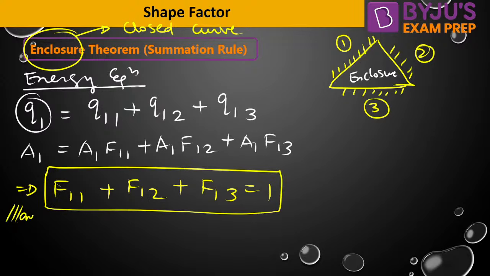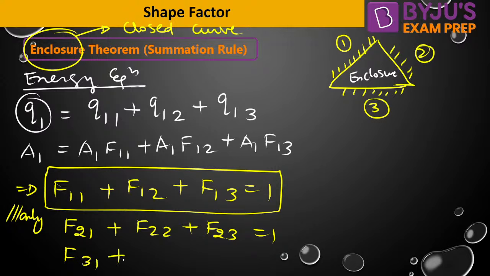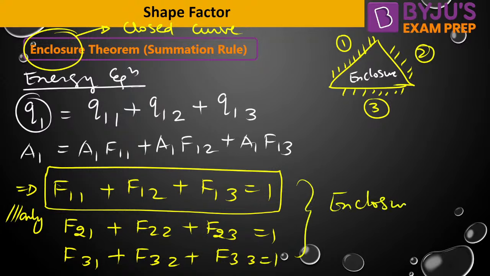Similarly, for the second surface, we can write F21 plus F22 plus F23 is also equal to 1. Similarly, for the third surface, the radiation leaving the third surface is used to write F31 plus F32 plus F33 is equal to 1. These are known as the enclosure theorem, right?